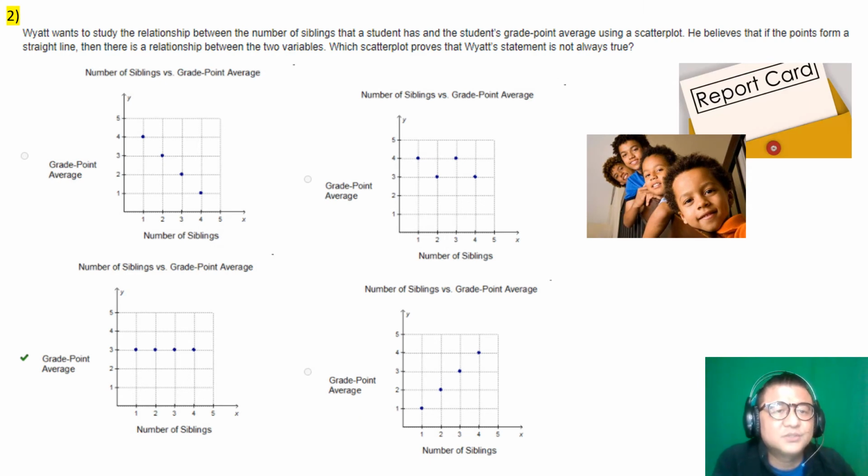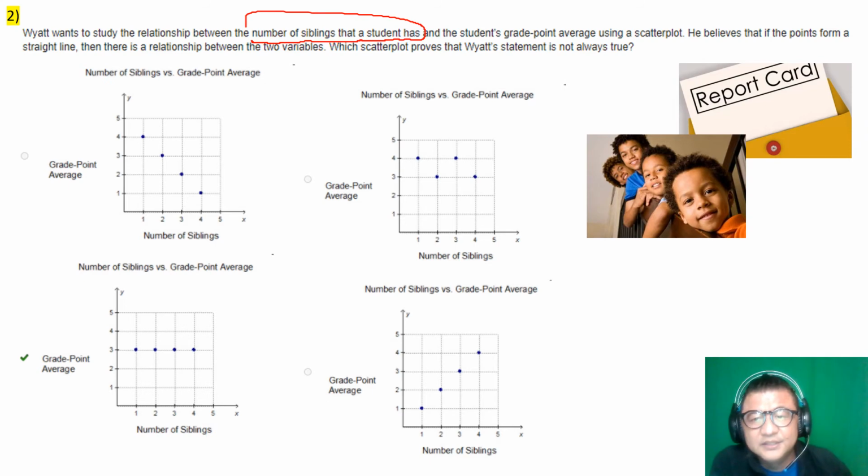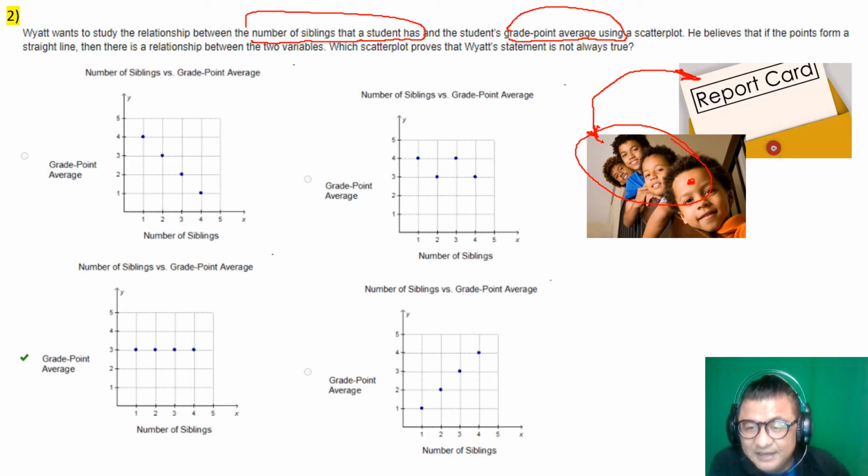Wyatt wants to study the relationship between the number of siblings that a student has and the student's grade point average. You want to see the relationship between your grade and the number of siblings. The more siblings you have, what happens?